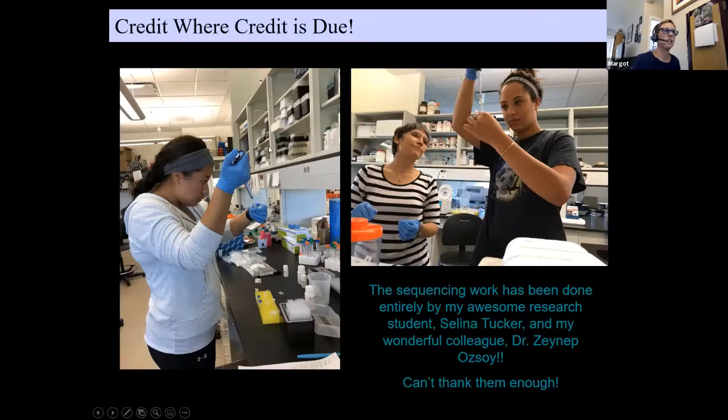I have to say thank you very much to both of them. The sequencing wouldn't have been done without them because that's outside of my wheelhouse. I'm perfectly happy to be in the lab looking under the microscope at spores all day long, but if you ask me to isolate DNA, I can't do it. So thanks to Zainab and Selena for that.